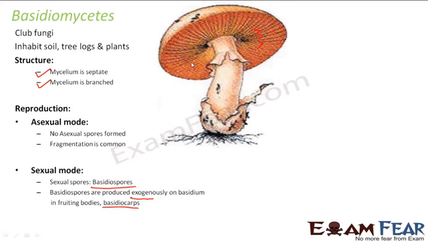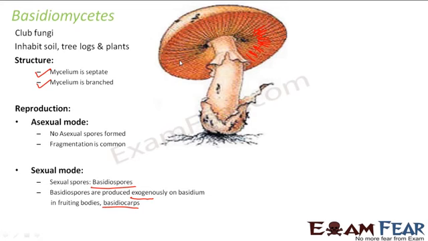These are nothing but hyphae. These are compact hyphae very close to each other, on which basidia are formed. That is why we say that this club-shaped terminal part actually contains the reproductive structure in case of basidiomycetes.